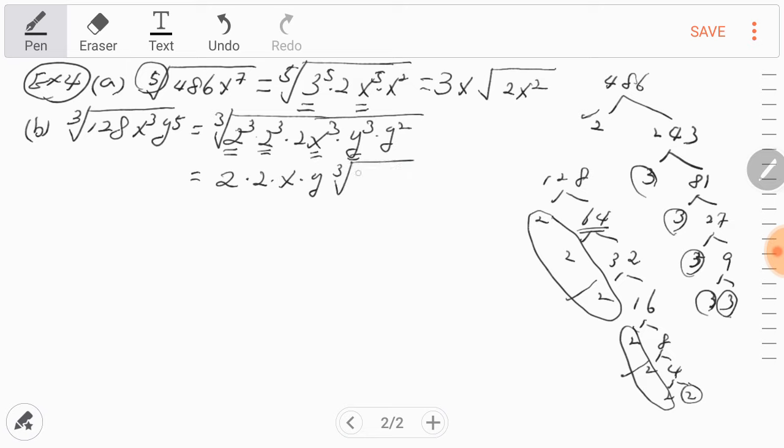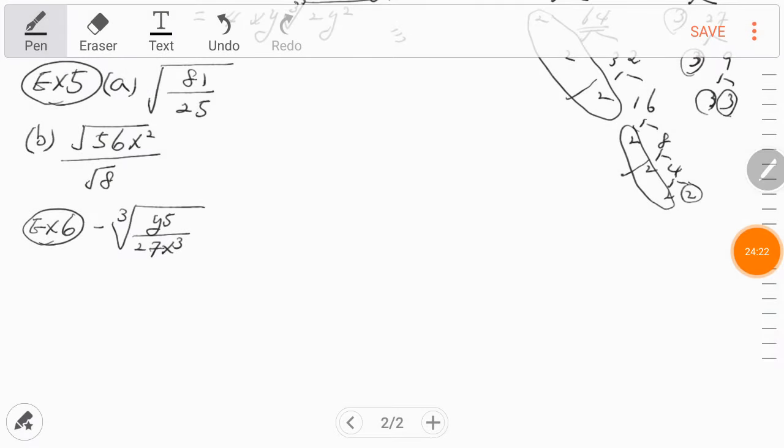So 2 stays inside and y squared stays inside, because for y squared, this is not enough. We must have a cube. The exponent is not greater than or equal to 3, so just leave it inside. So finally, 2 times 2 is 4xy, times the cube root of 2y squared.